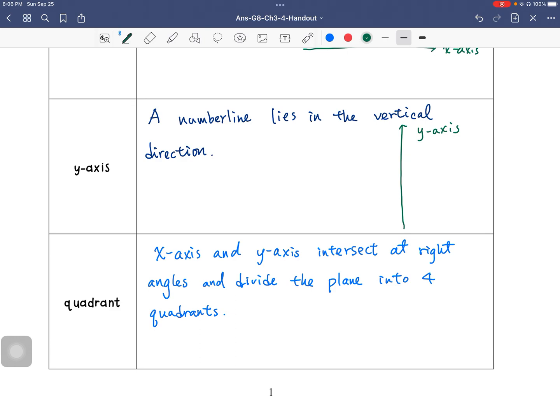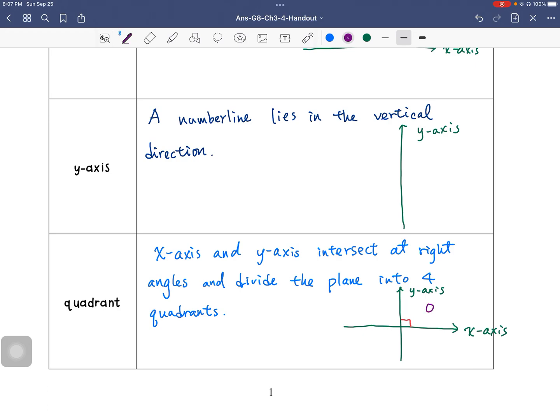So here I have the x-axis and I have the y-axis, and the x-axis and y-axis intersect at right angles and divide the plane into 4 quadrants.